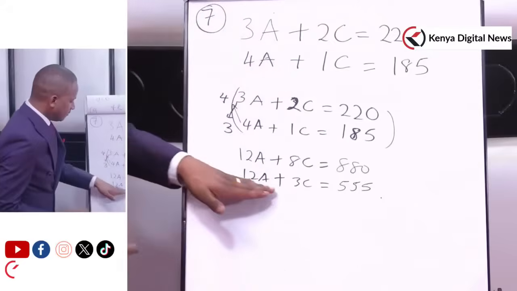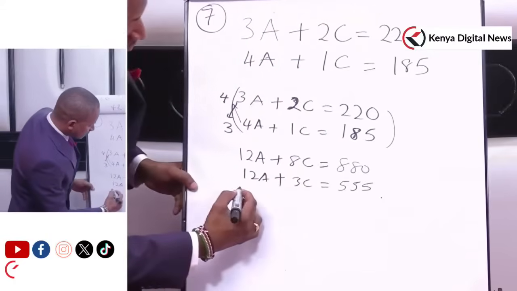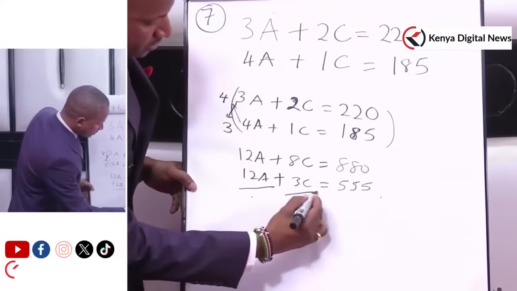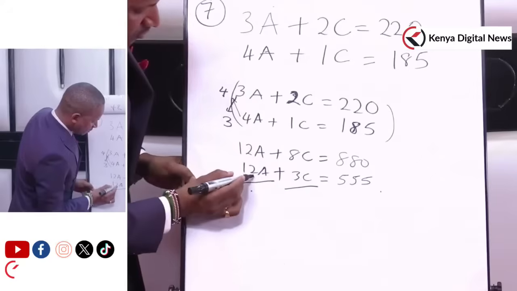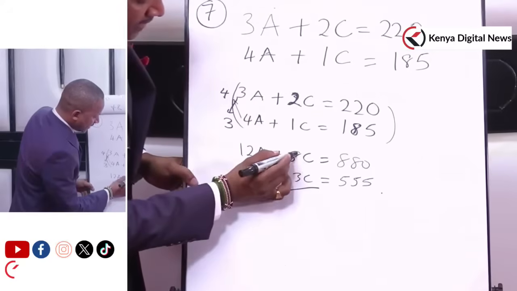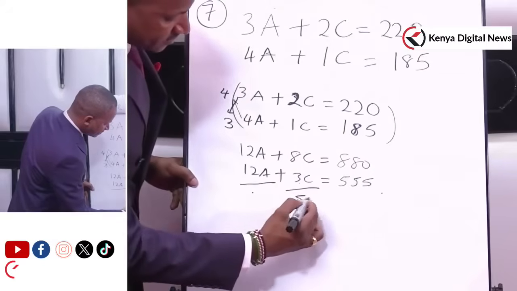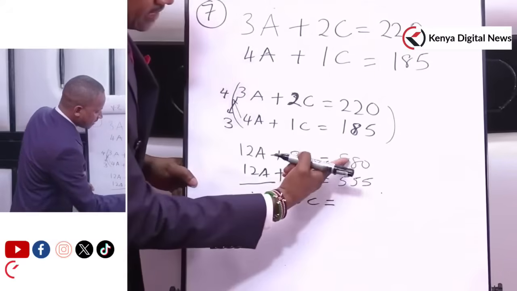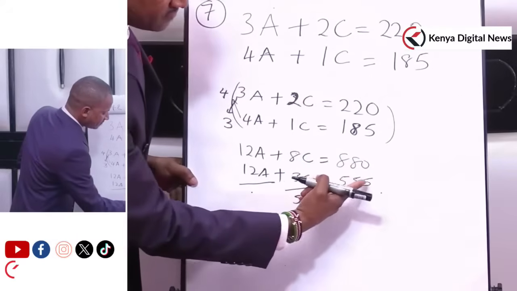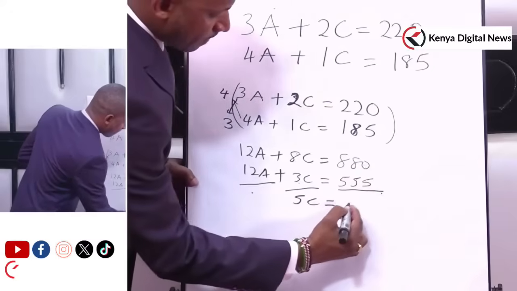Then what do we do here? We subtract. 12A minus 12A is 0. Then 8C minus 3C is 5C. Then 880 minus 555, what do you get?